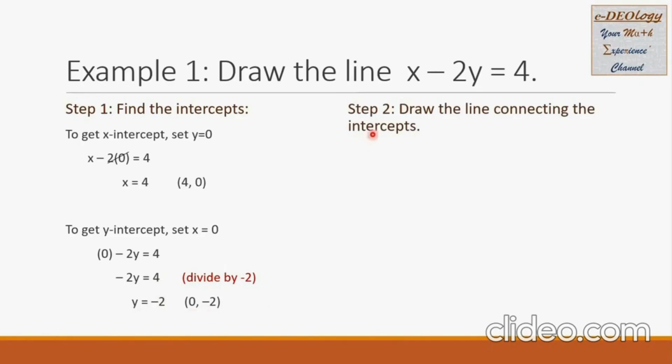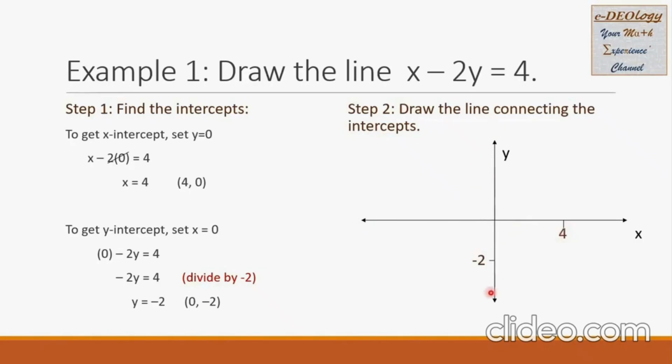Then we will go to step 2. Draw the line connecting the intercepts. Let us draw first our rectangular coordinate system, the x and y axis. On the x-axis, let us locate the number 4 that is positive, so it is on the right side of the x-axis and it is here.